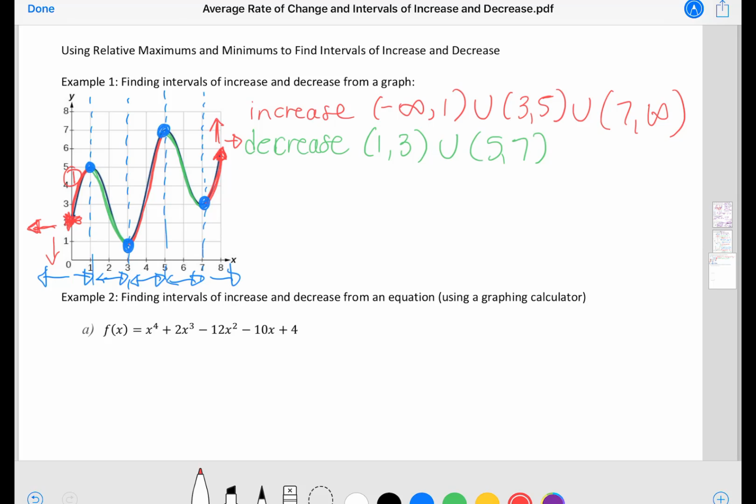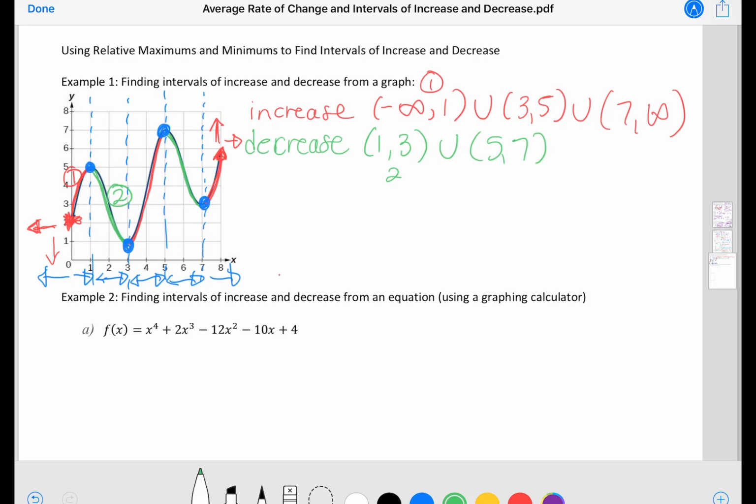So all my intervals of increase are in red, because as I trace the graph, I'm going up. And all my intervals of decrease are in green, because as I trace the graph left to right, it's going down. Let's label these so that you have it in your notes. This is interval 1.